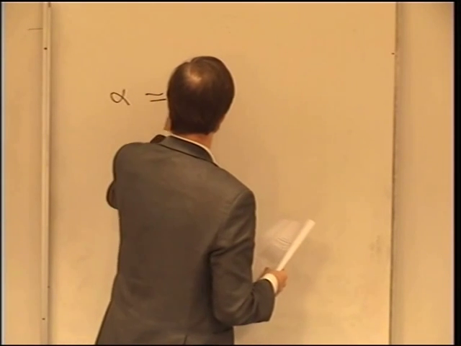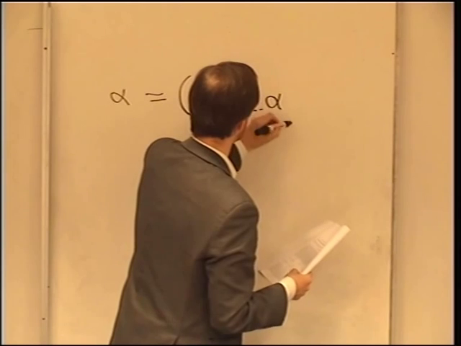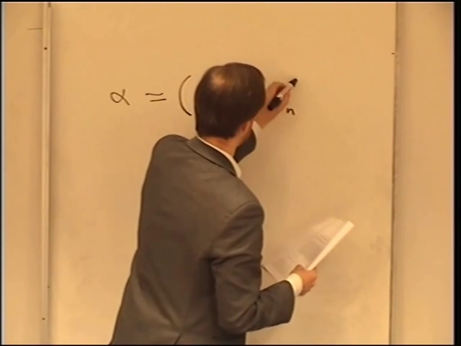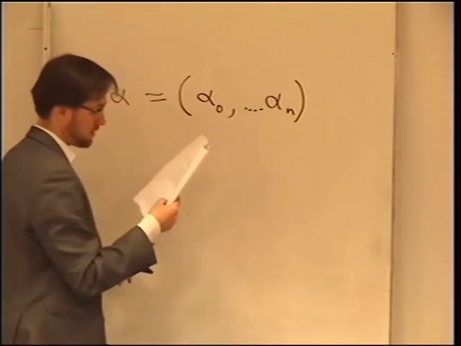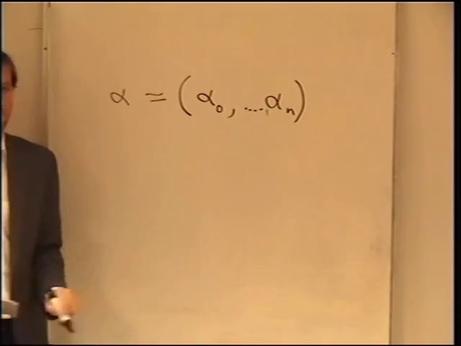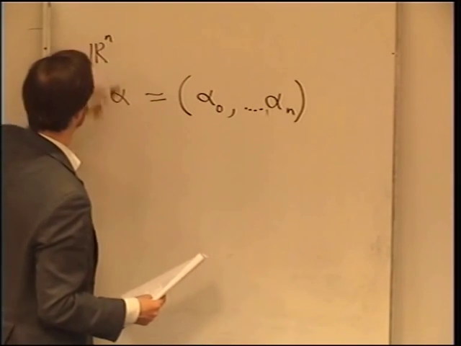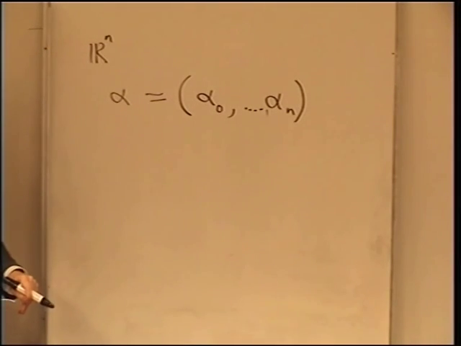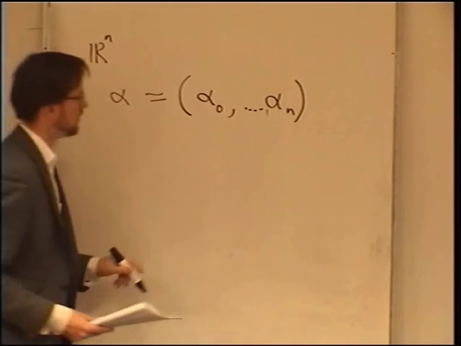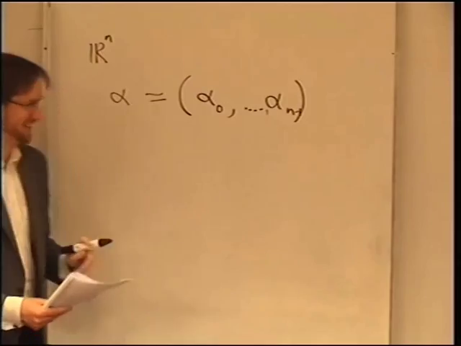It means it's a list of numbers, and it's a list of numbers n long, where n is the dimension we're in. So we're in Rn at the moment. Oh, I'm terribly sorry, does that make you happier now? Okay.